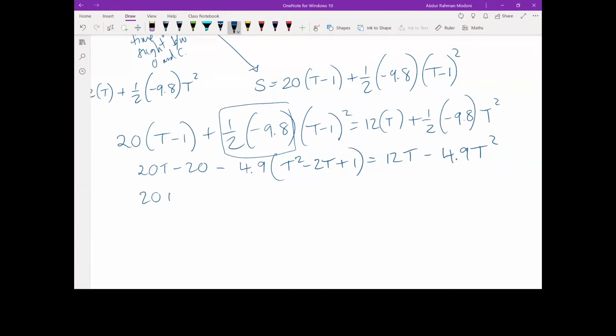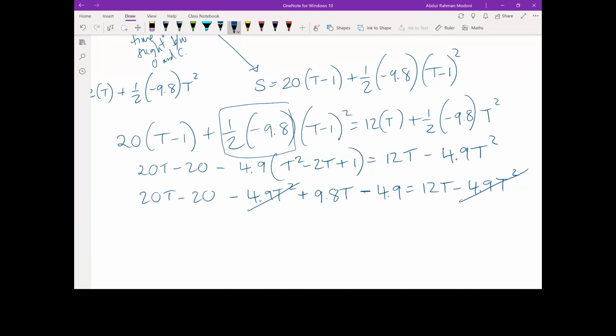Again, watch out for mistakes here because I've got minus 4.9 multiplying everything inside that bracket. So I'll get minus 4.9 T squared, negative 4.9 times negative 2T, positive 9.8T, plus negative 4.9, equals 12T minus 4.9 T squared. Now that everything's expanded, collect like terms. If I add 4.9 T squared on both sides, I will get rid of these.